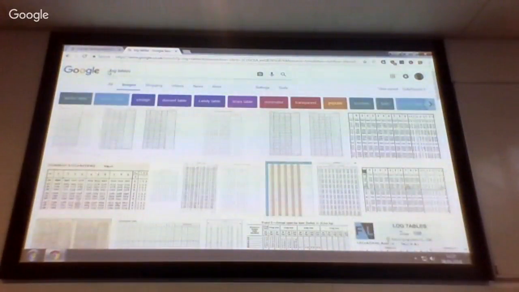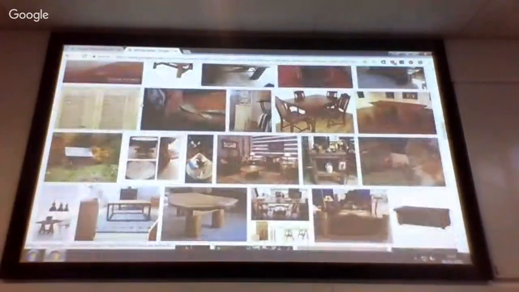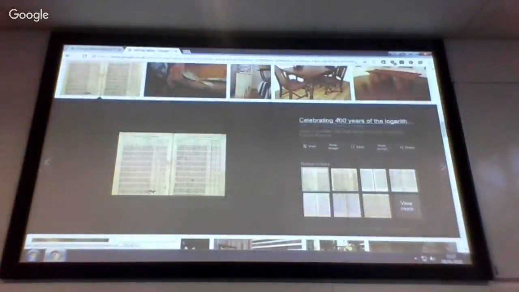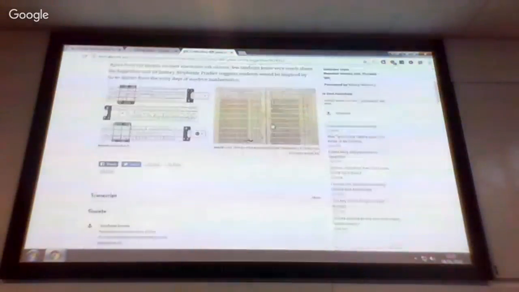In fact, let's even type in old log tables. Okay, this kind of thing. So these things were around a long time ago. I'll fess up, I make that joke every year. Every year it's kind of funny.